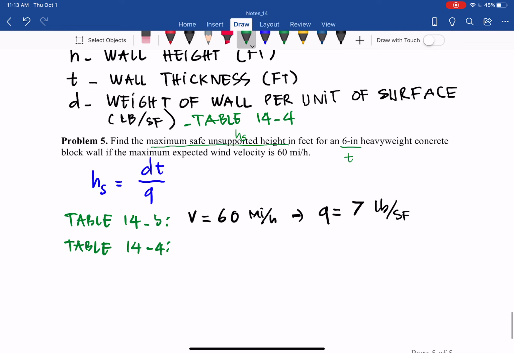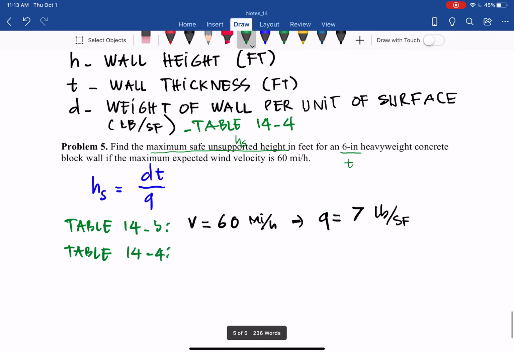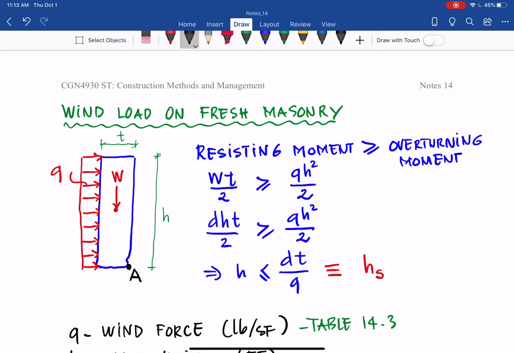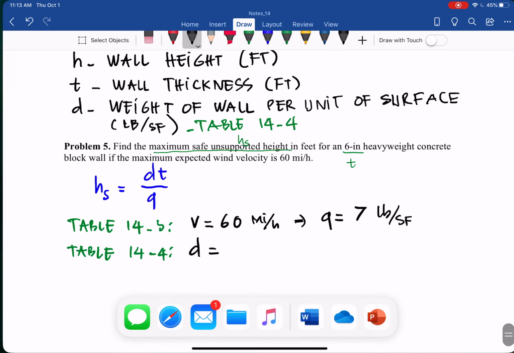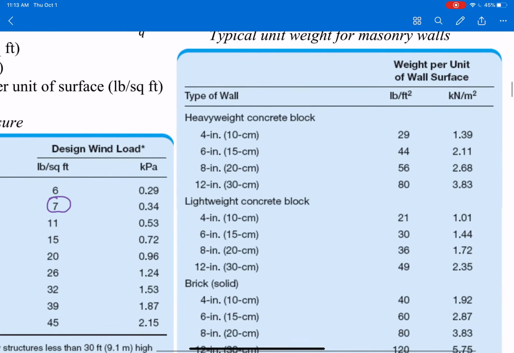And then we go to table 14.4, and in this case the heavyweight concrete block wall. Then we can determine the weight of the wall per unit surface. So let's go to that table: heavyweight concrete block, 6 inches.